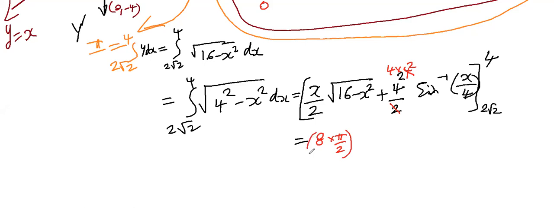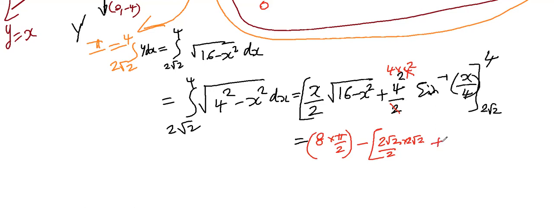Now minus the lower limit, 2 root 2. I write 2 root 2 upon 2, then the square root of 16 minus 2 root 2 the whole square. 2 root 2 the whole square is 8, so 16 minus 8 is 8, and the square root of 8 I can write as 2 root 2.